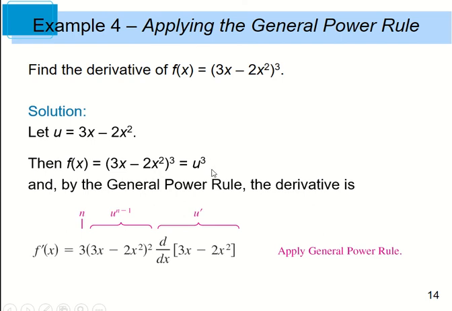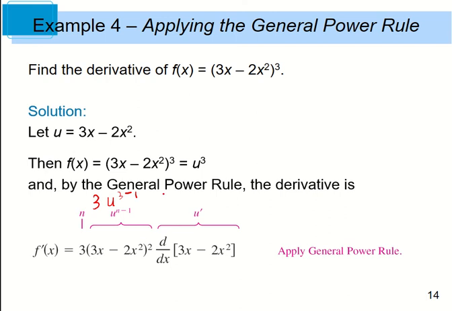When we differentiate, we first differentiate the u to the power of 3. We bring down the 3, and the power is reduced by 1, which is 2. So we have this.